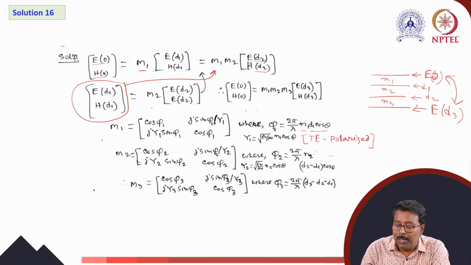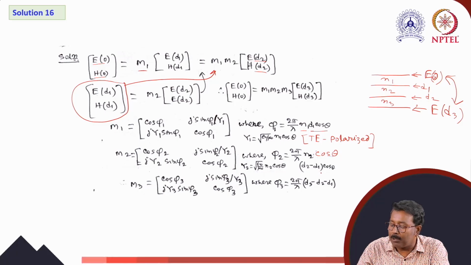What will be m2? M2 is basically related between D1 interface electric field magnetic field to the D2 interface electric field magnetic field. And M2 will be then cos phi 2, j sin phi 2 by Y2 and similarly in this way. But what is phi 2? Phi 2 will be twice pi by lambda n2 into d2 minus d1 cos theta, and y2 will be root epsilon 0 by mu 0 into cos theta.